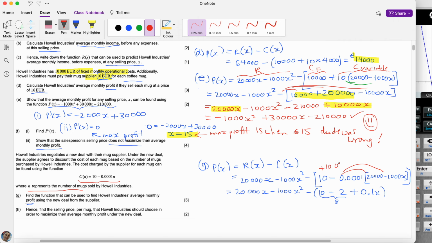So we, okay. Not going back now. Okay, so there's your revenue function. And then minus, so now your cost is going to be 10,000 and 8.